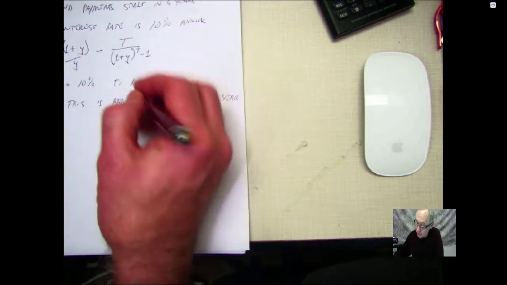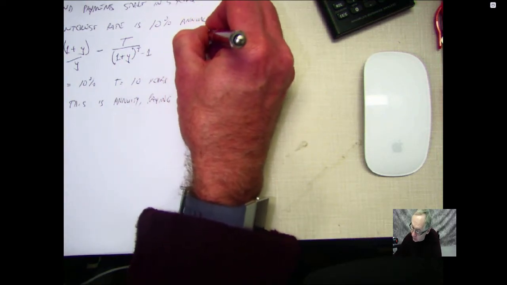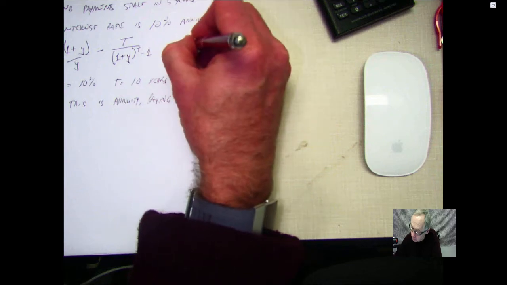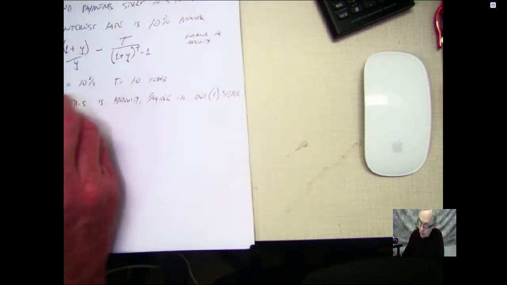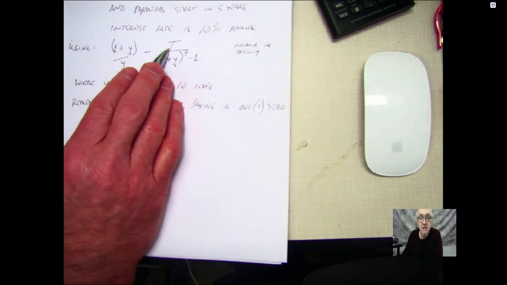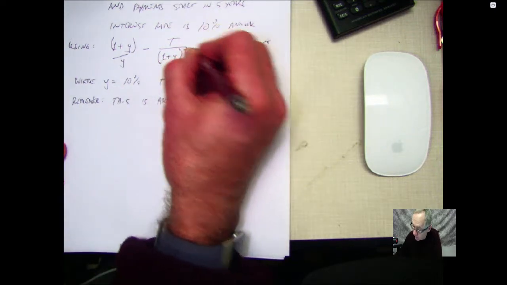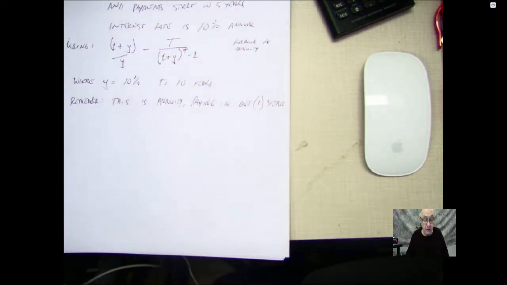This is the formula for an annuity duration: (1 + y) / y minus t / ((1 + y)^t - 1).